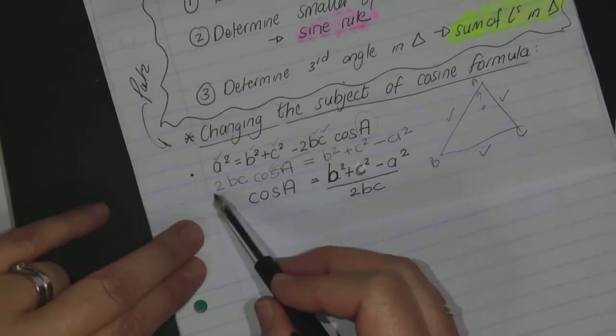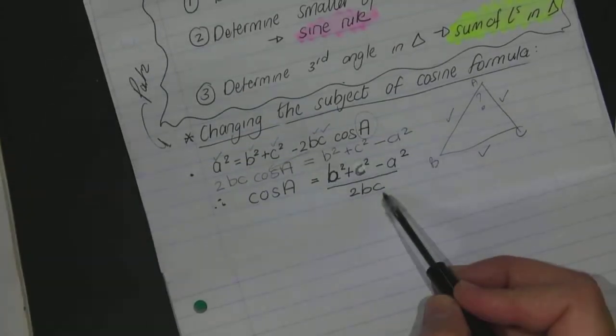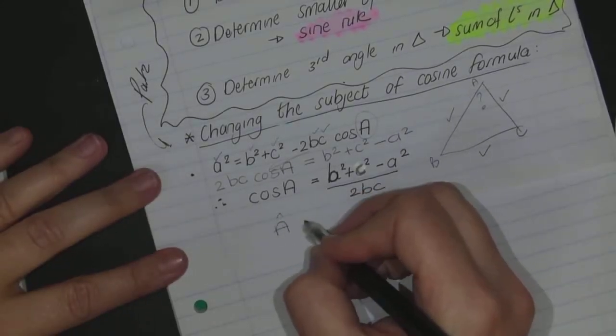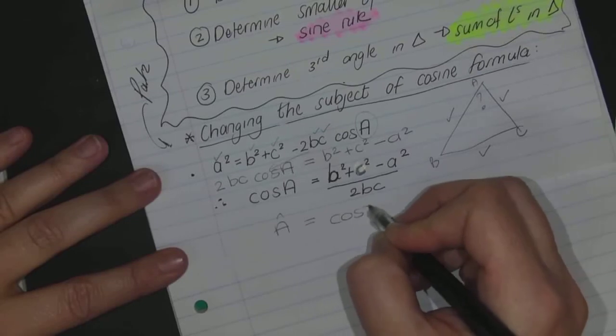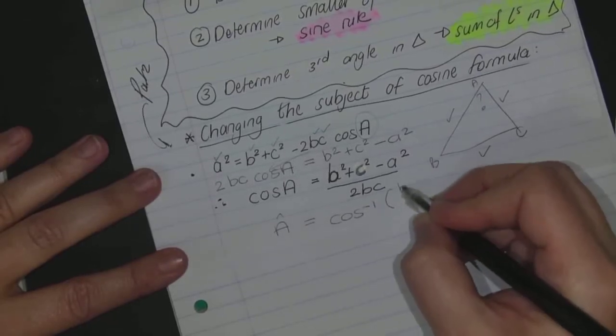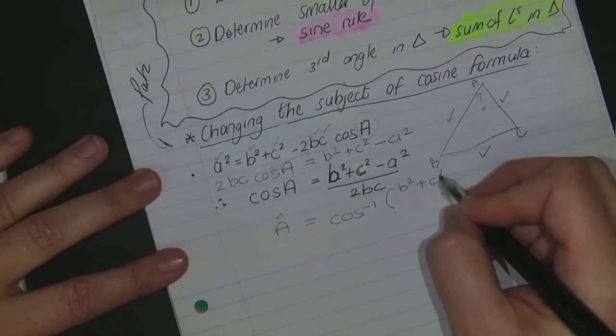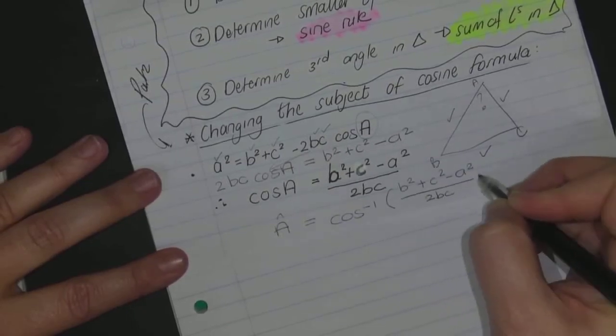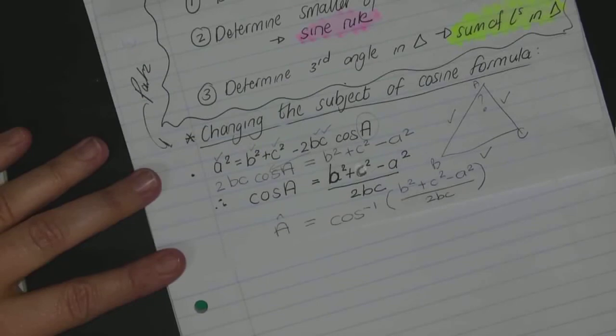Now I have to divide by 2bc to get cos A alone. So angle A is the inverse of cos of (b squared plus c squared minus a squared) over 2bc. And that will give me the angle for A.